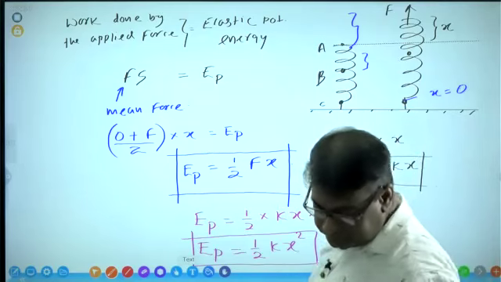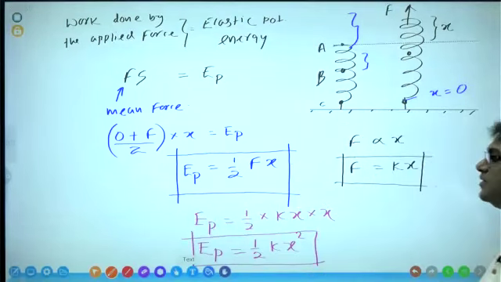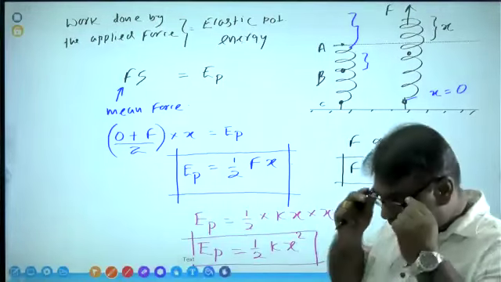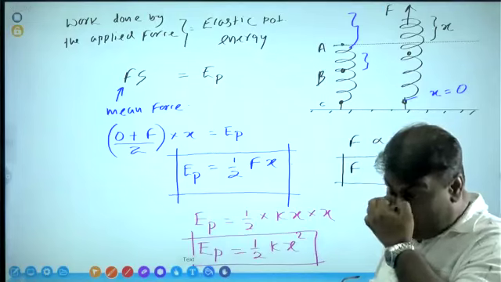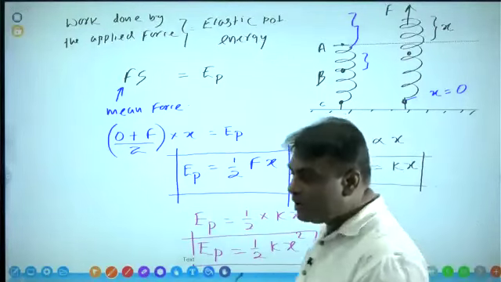Okay, next one. Write conservation of energy. This is called the law of conservation of energy. What is that? Total energy of an isolated system remains constant.